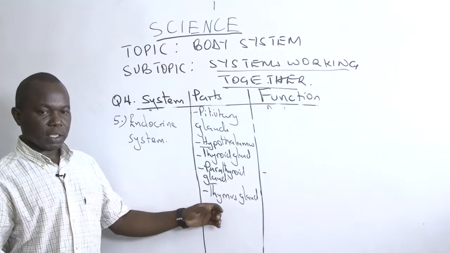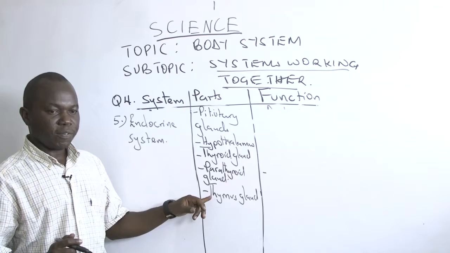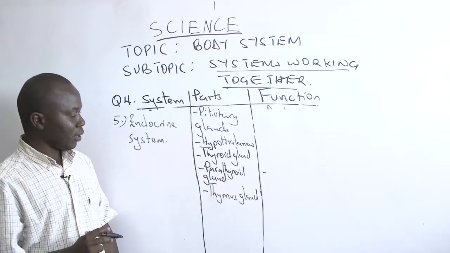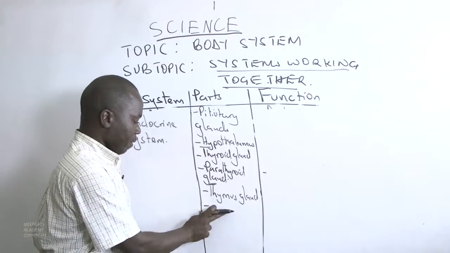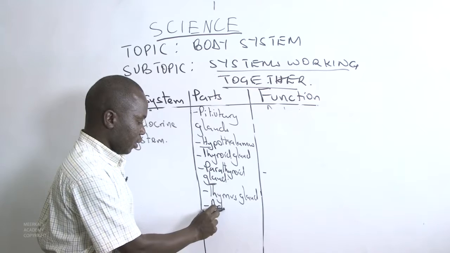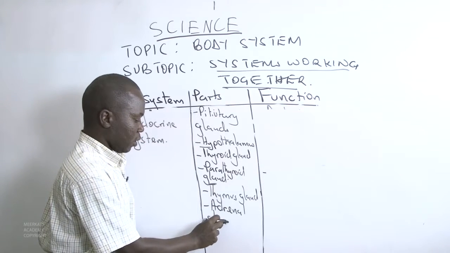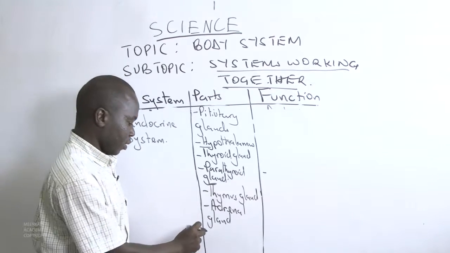the one that is responsible for conversion of lymphocytes into specialized T cells. We have the adrenal gland for secretion of the adrenaline hormone.